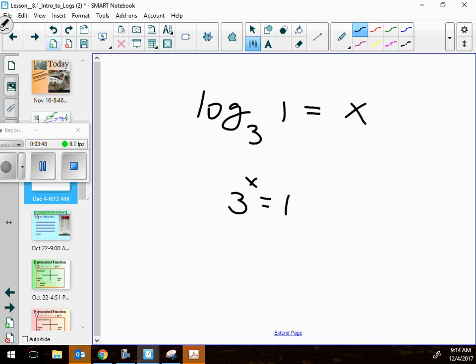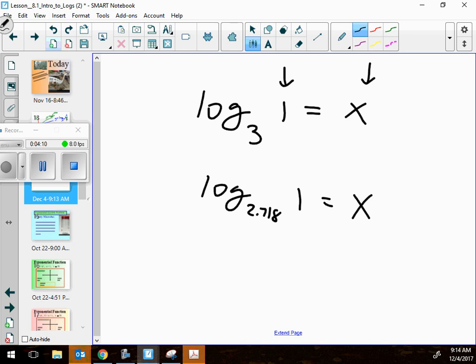What does that show you? It shows you that when there's a 1 right here, the answer is 0. Even if the base was different, let's say the base was E, which is 2.718, log base E of 1, I would end up writing 2.718 to the x equals 1, and if it has to be equal to 1, that has to be what? 0.